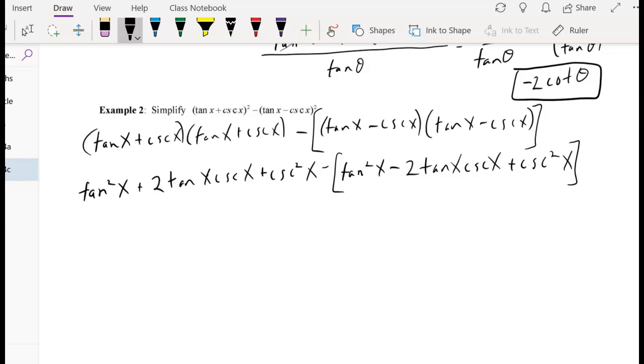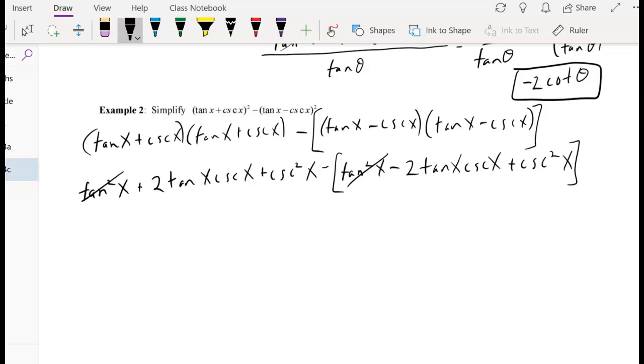Distribute the negative sign, and what we're really looking at here is, well, we can just see the distributive, so tangent squared minus the tangent squared is going to go away. Positive 2 tan cosecant minus a negative, so this is going to actually be 4 of them, right? So let's be careful here.